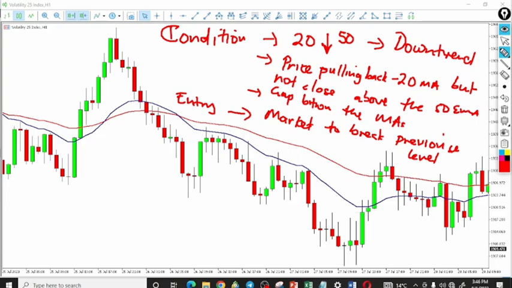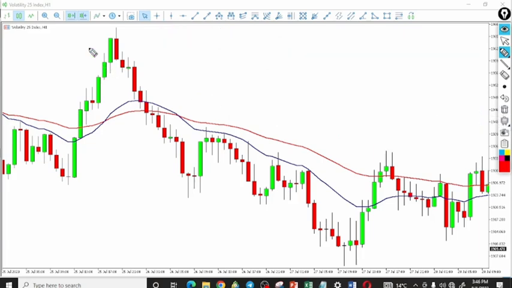Okay, so now assuming that you have taken a screenshot, I'm going to explain this one by one as we are putting it into the market. If you look into this market, you can look from this point right here. We see the market moving lower, pulling back into this market, and then now we have the 50 EMA above the 20 EMA.